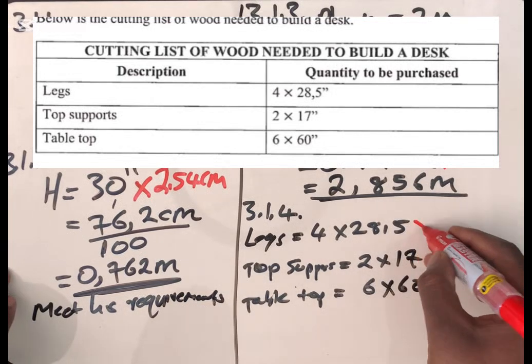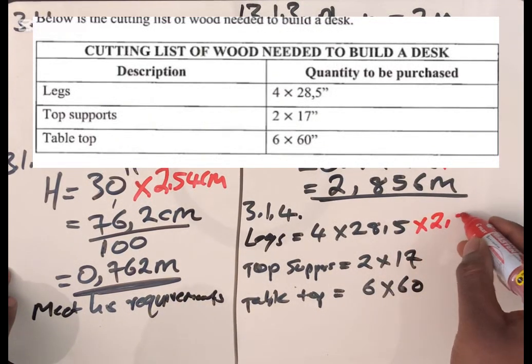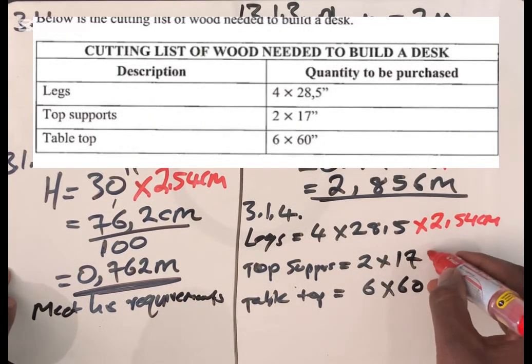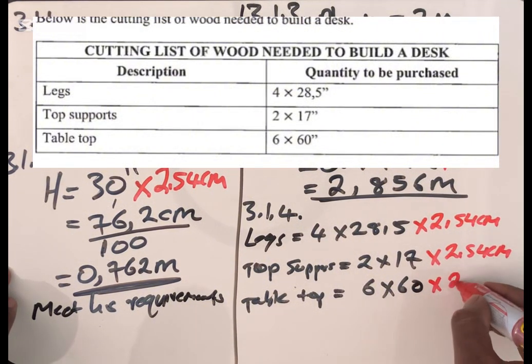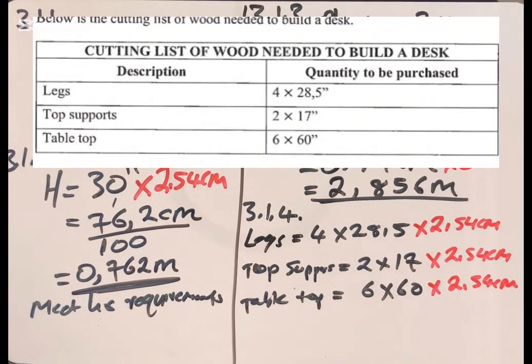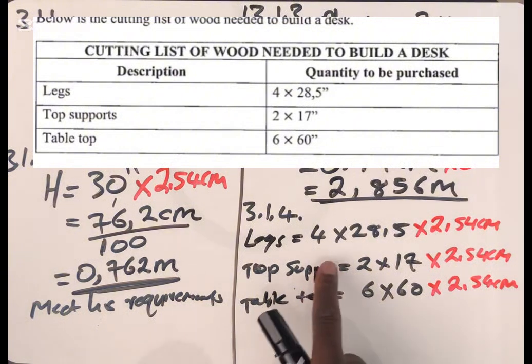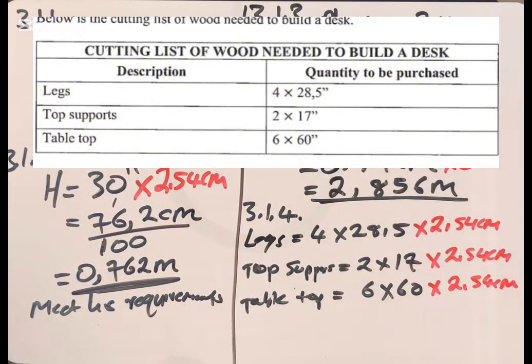Let's multiply everything by 2.54 centimeters. Don't forget, we cannot work with different units. So we are converting everything to centimeters. After converting everything to centimeters, we are going to combine them, then we convert them to meters to check if the addition of all of them is greater than 13 or less than 13.